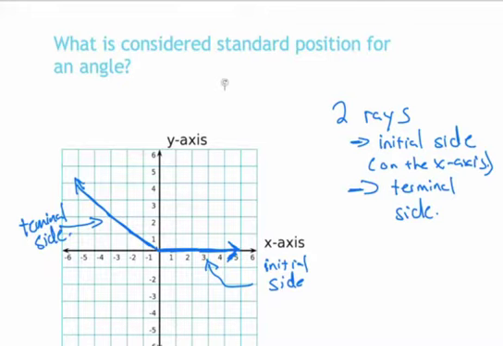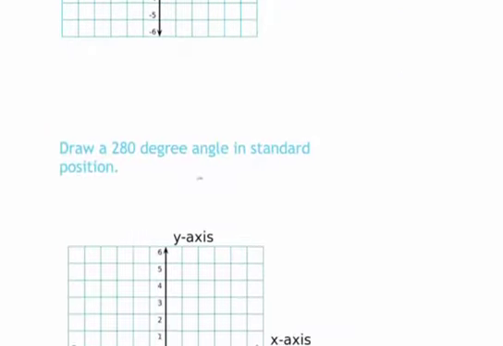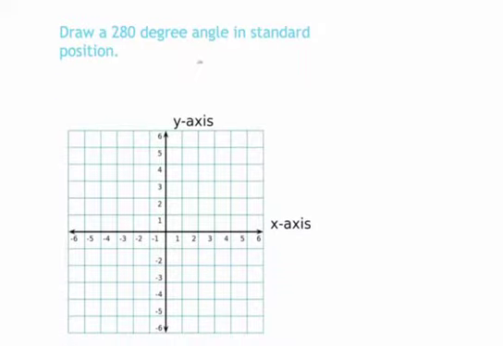Alright, so now let's do a specific one. We want to draw a 280 degree angle in standard position. So first and foremost, let's go ahead and get that initial side. So I want to consider what's going to make 200 degrees. I'm sorry, 280. So this is 90, this is 180, 270.